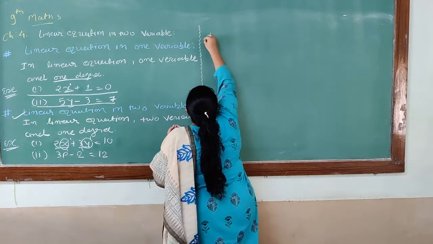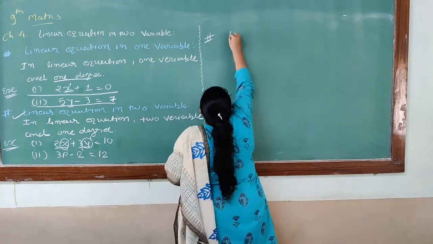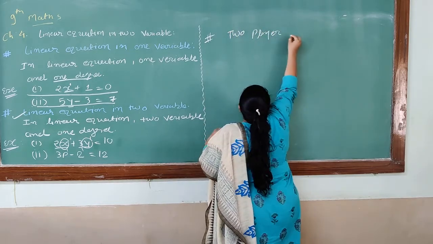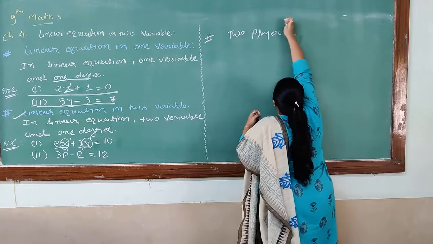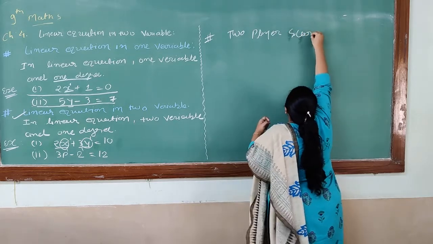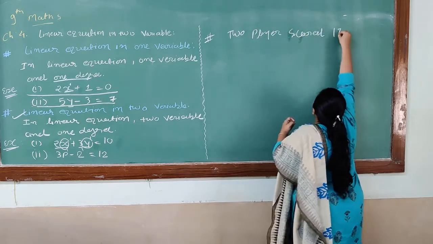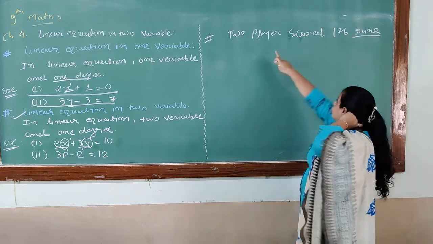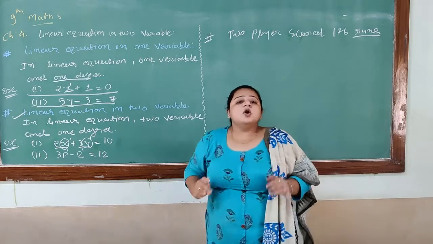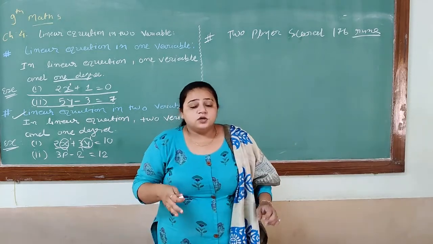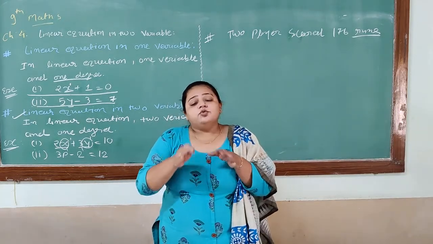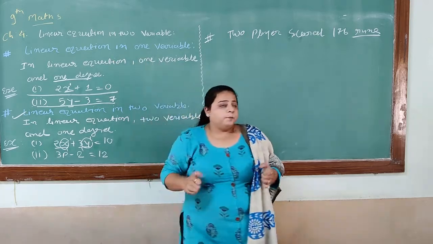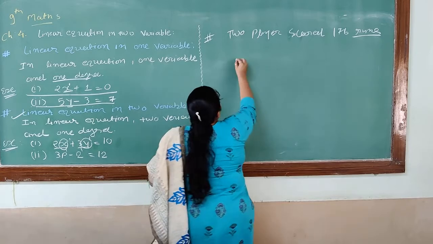Let me write it roughly. 2 players scored 176 runs. We are saying 2 players scored 176 runs together. Now this you have to form in the form of a linear equation. Let us see player 1.